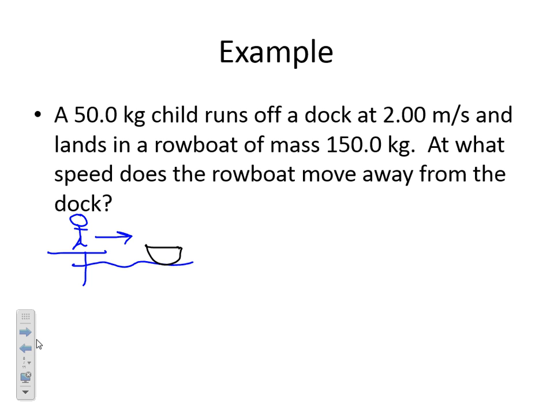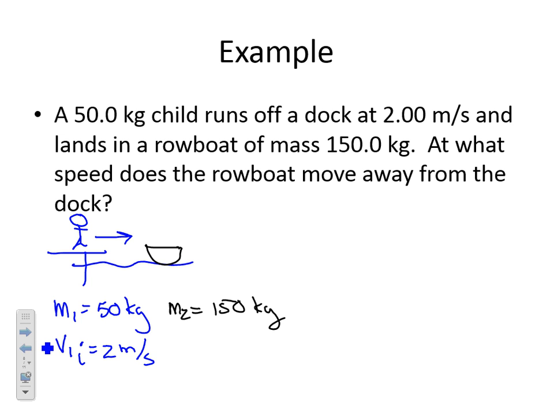We have the child, M1, at 50 kilograms. The boat, M2, is 150 kilograms. The child's running off the dock, V1I, at 2 meters per second. The boat's just sitting there, so V2I is 0.